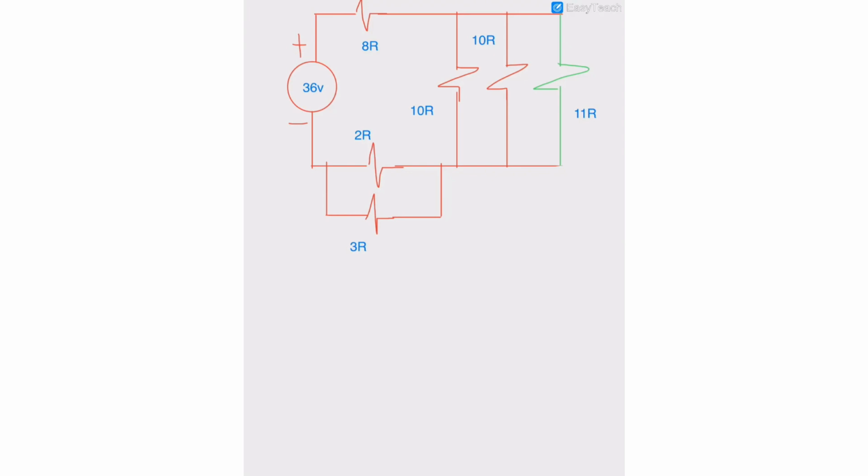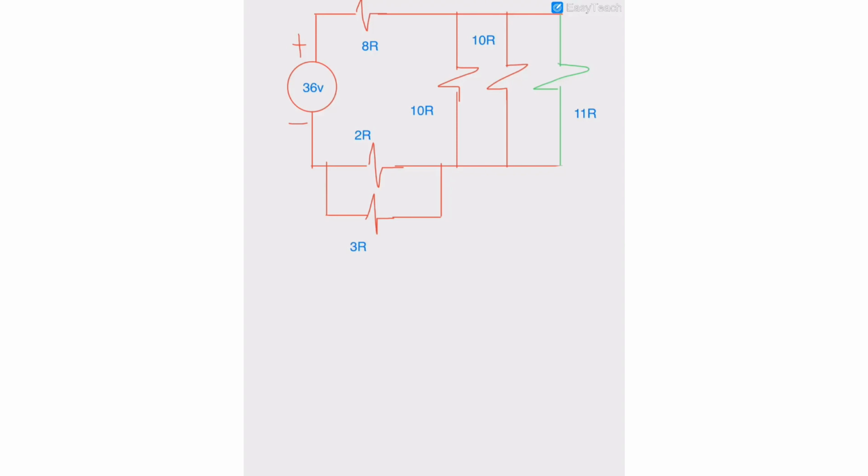As you can see, there are three resistors that are in parallel to one another. So from the farthest resistor, we will start at the 11 ohm. I denote the ohm value as R for the sake of simplicity.